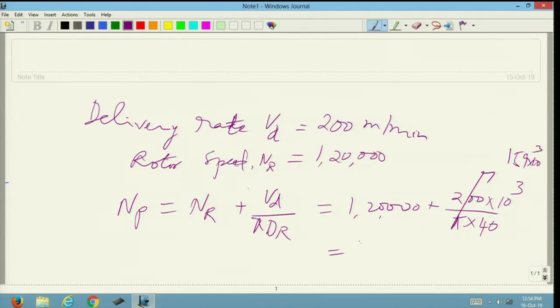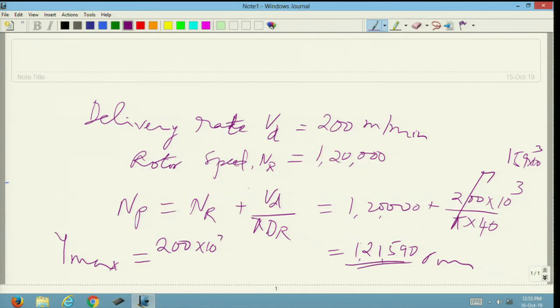So in total it is going to be 1,21,590 RPM. If you calculate Y max from this, that is V sub d, we are taking 200, multiplied by 10 to the power 3 to convert meter to millimeter, divided by 1,21,590. This comes to around 1.64 millimeters.